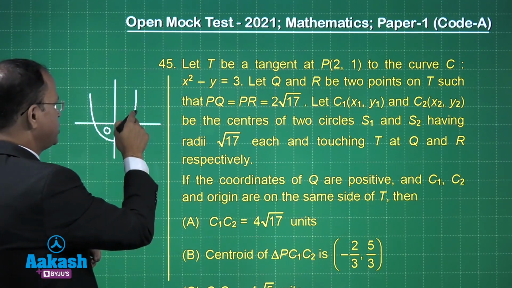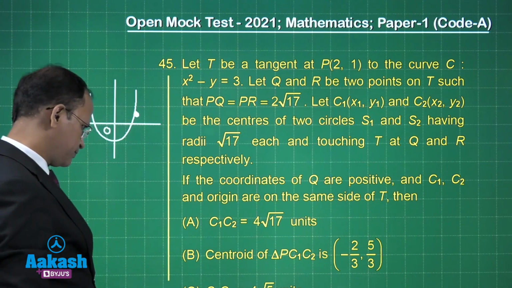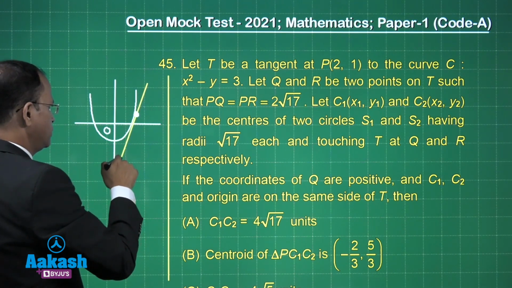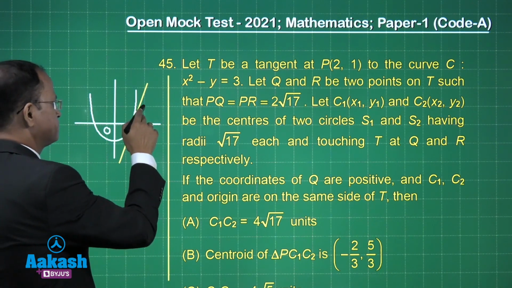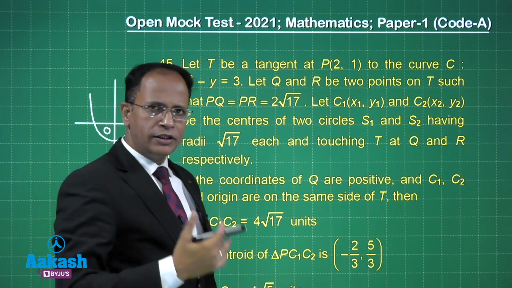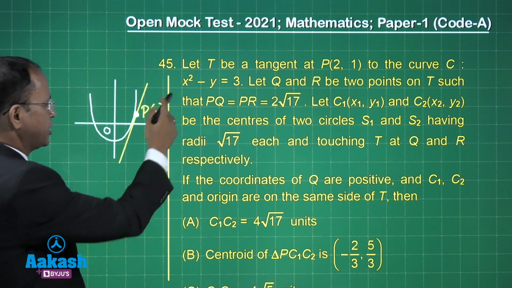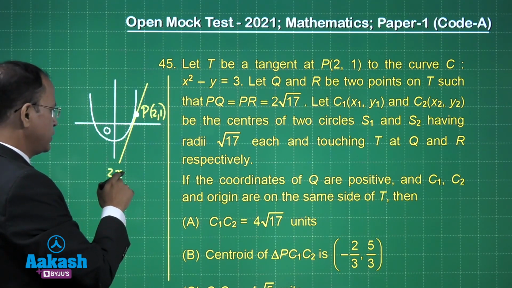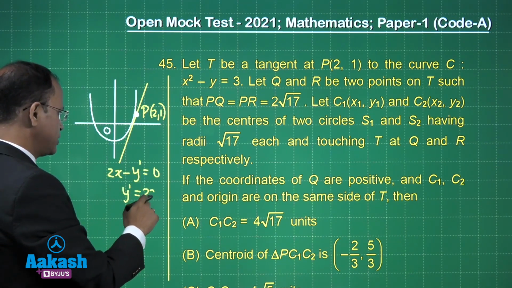We have a tangent, so we can just drop a tangent. This is the tangent I am talking about. What is P in this case? P is 2 comma 1. First, let's find the equation of the tangent. We have x square minus y is equal to 3. If we differentiate, we get 2x minus y dash is equal to 0, so y dash is twice x.